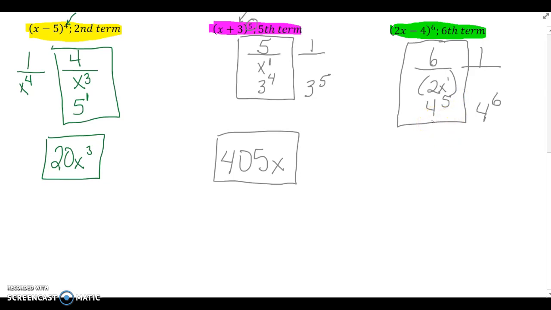Let's try that on the calculator. That is going to be 256, and then I times that by 2, and then I times that by 6, so it's 3,072x.